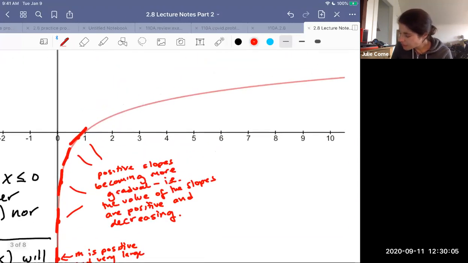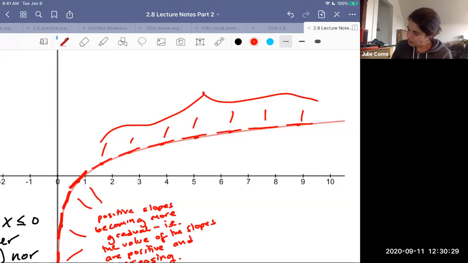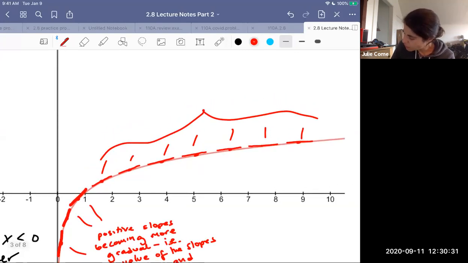Well, if I look a little further on, does that same pattern continue? If again, I keep drawing in little tangent lines here and look at what happens as I move from left to right. Yeah, it looks to me like in this whole area, if I look at these tangent lines, we still have positive slopes.